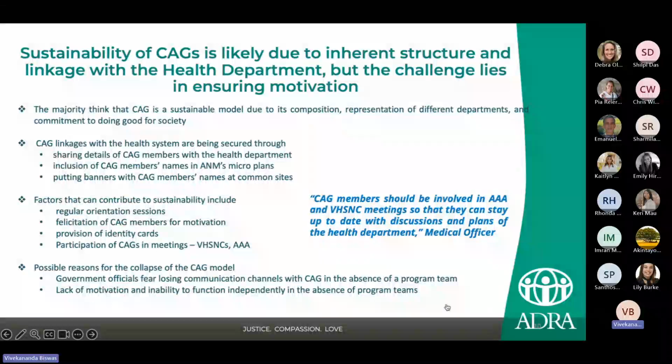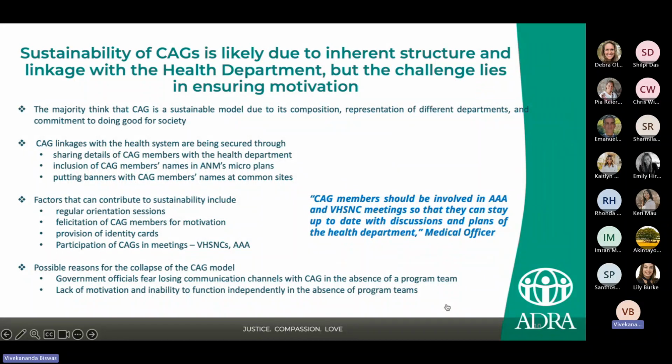It's called a CAG members wall, and we put their names in the banners and on that wall at common sites, so that villagers can know who the CAG members in their area are, and they can have a conversation with them for any kind of issues.